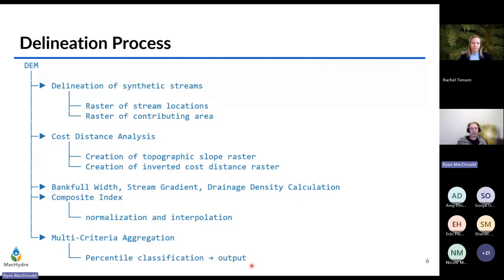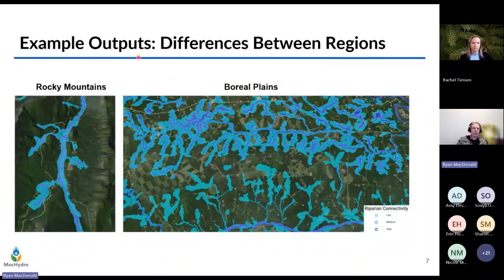And then we do this aggregation of the data sets. We aggregate all the information and look at how they vary in terms of their representativeness across the landscape. We break it simply into percentiles, and I'll show you what that means in a second here.